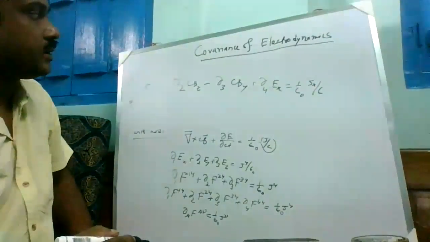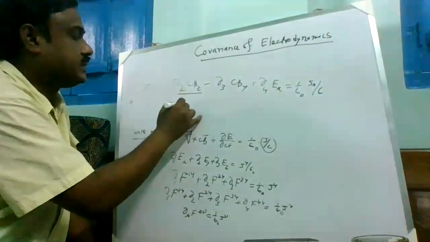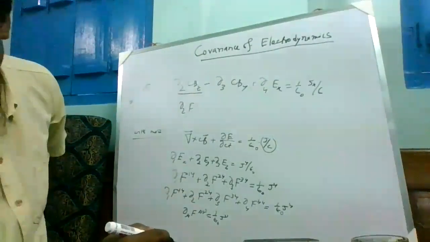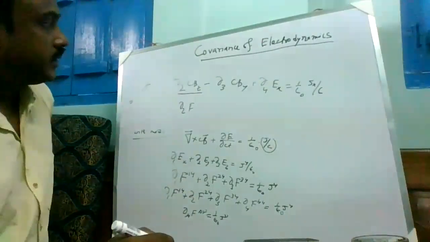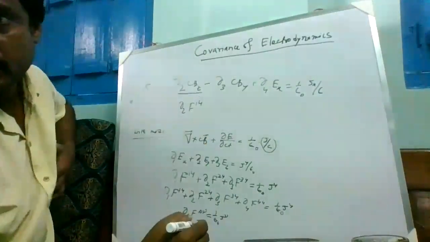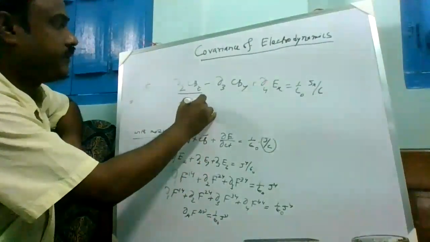Now you can write this thing as del 2 cBz, which was F21. I'm sorry, this was F21.